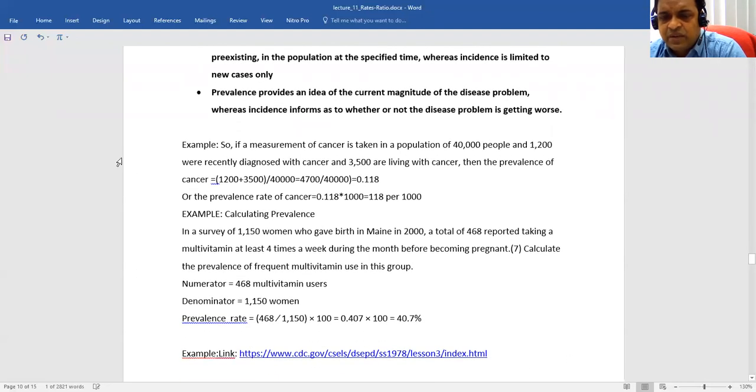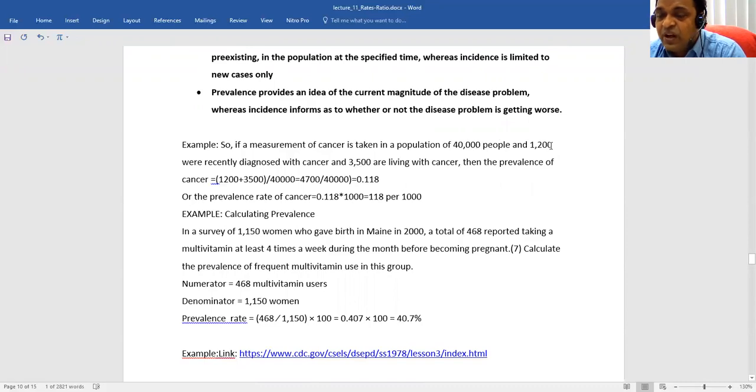So let us give one example. In a measurement of cancer in a population of 40,000, 1,200 people were recently diagnosed with cancer. That is, 1,200 new cases were recently diagnosed, and before that there were 3,500 people who already had cancer. If you want to find the incidence rate, it will be 1,200 divided by 40,000.